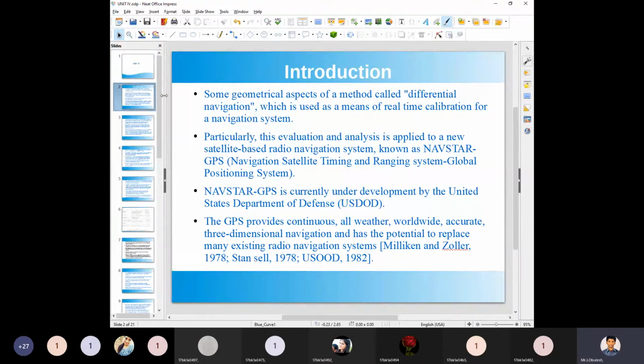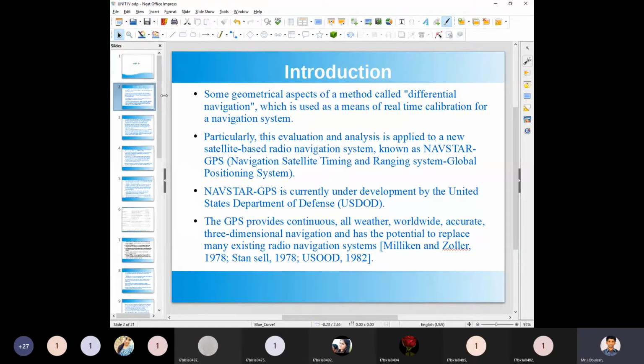You need to remember that NavStar is nothing but navigation, satellite, transmitter and receiver. But here, NavStar is the navigation, satellite, timing and ranging system.